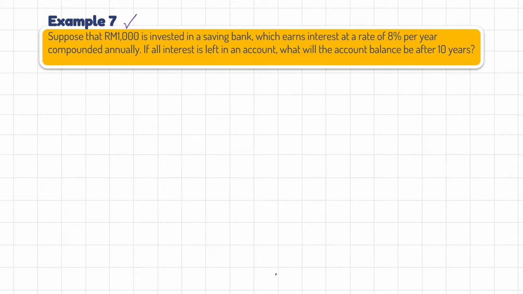Example 7. Suppose that 1,000 ringgit is invested in a saving bank, which earns interest at rate of 8% per year, compounded annually. If all interest is left in an account, what will the account balance be after 10 years? First of all, let's look at the timeline that we have.